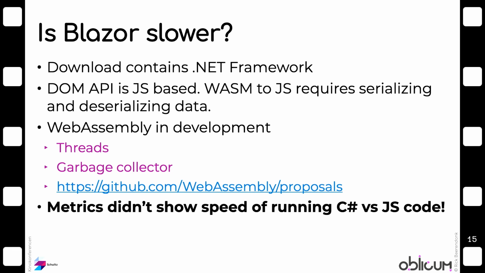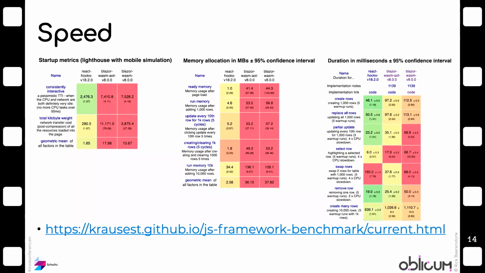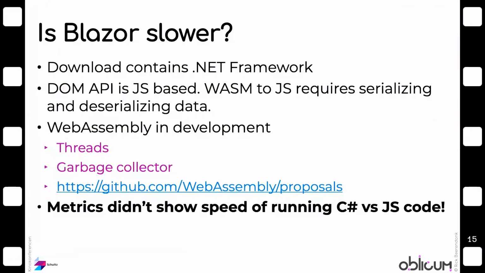So to be able to update the DOM, and that's actually what the right column here does, lots of things doing with the DOM, you actually see the right table. If you do ahead of time compilation, it's not necessarily super bad, but as long as the DOM is purely JavaScript based, it will take a little longer to update the DOM from WebAssembly, from C#.